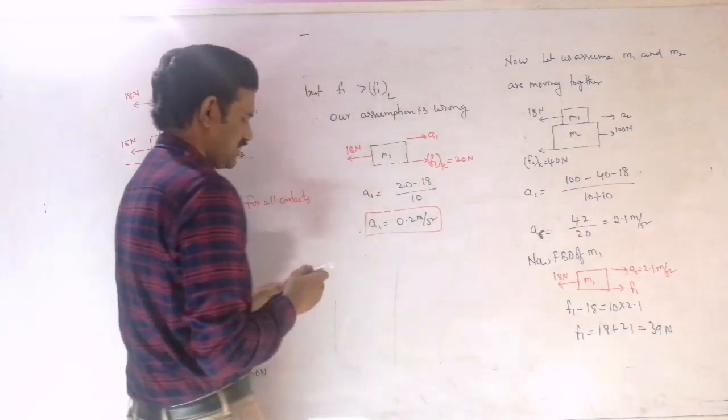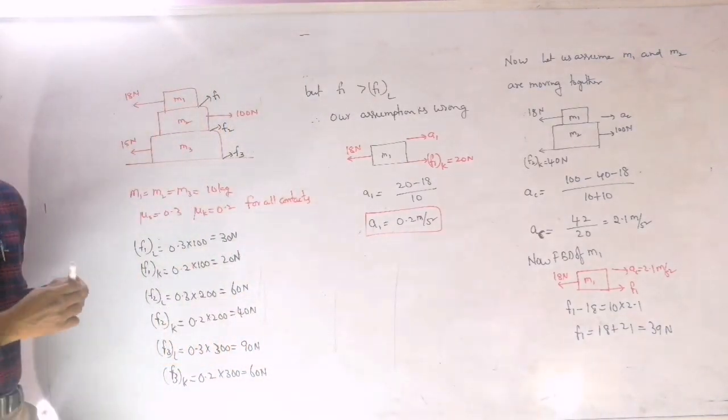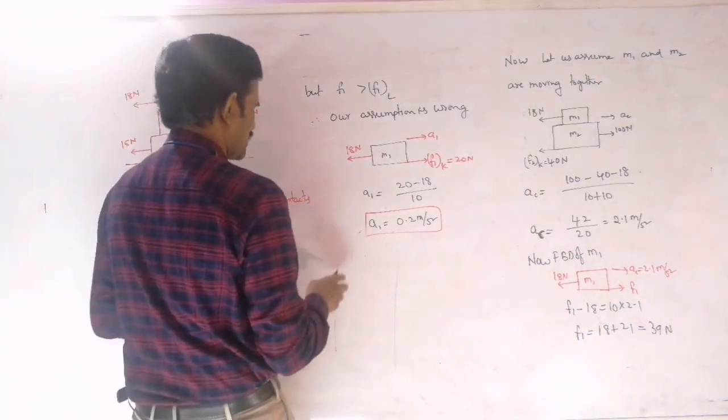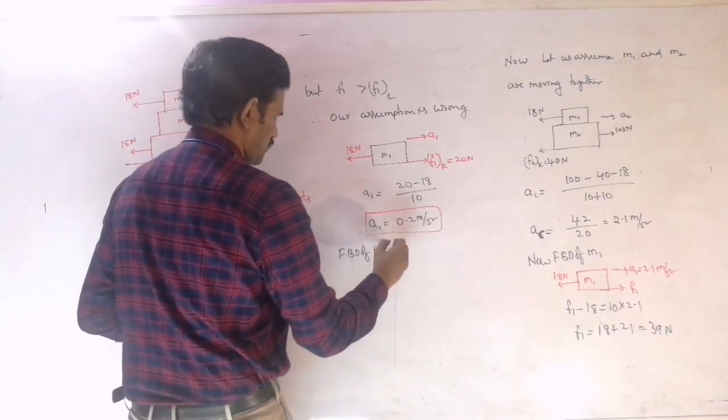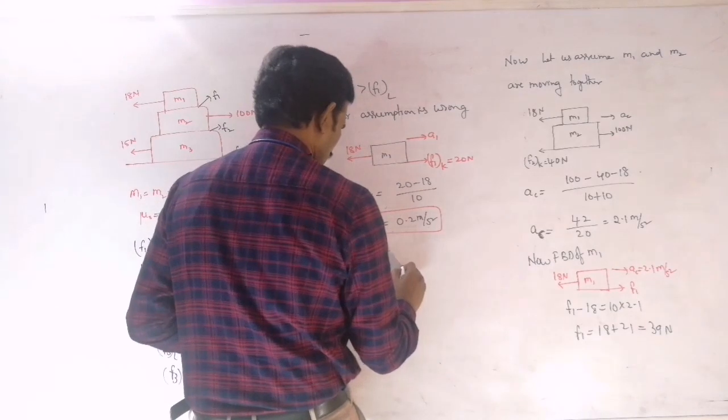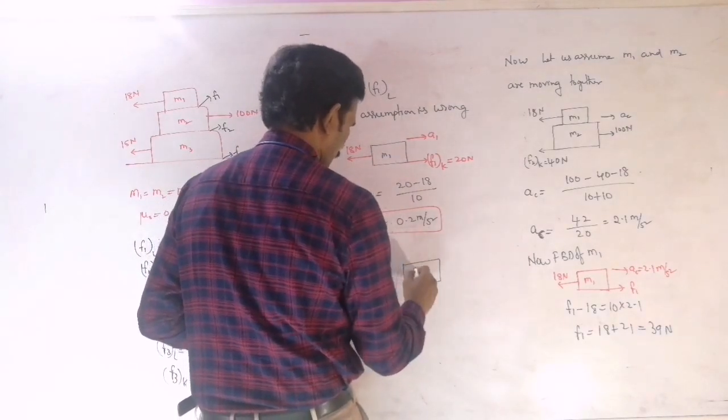Now similarly find the acceleration of the second block, M2. Let us draw the FBD of M2.